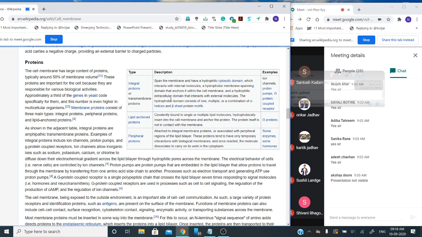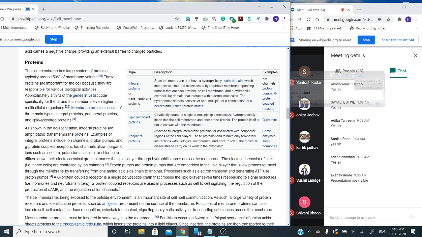What do you mean by integral proteins? These integral proteins are present on the membrane at distances. They have a hydrophilic cytosolic domain, that is the domain towards the cytosol, which is hydrophilic in nature and interacts with the internal molecules, and a hydrophobic membrane spanning domain that anchors it within the cell membrane.